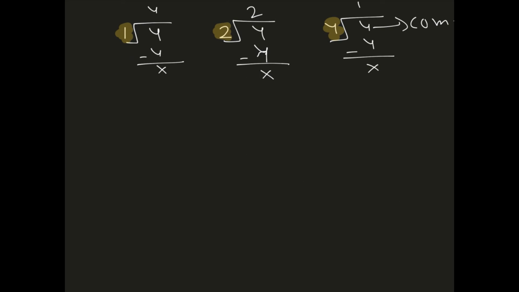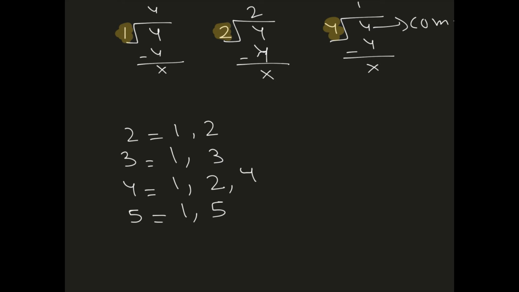For example, the factors of 2 are 1 and 2. The factors of 3 are 1 and 3. The factors of 4 are 1, 2 and 4, since 2 times 2 is 4 and 4 times 1 is 4. The factors of 5 are 1 and 5. These are the only factors, right?